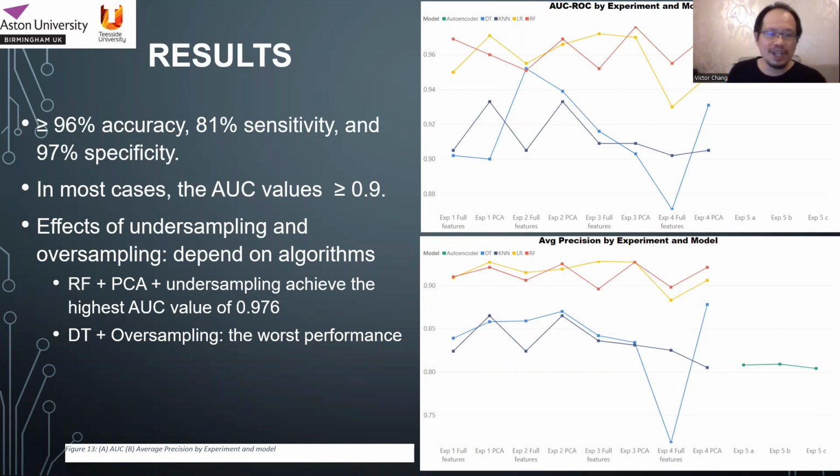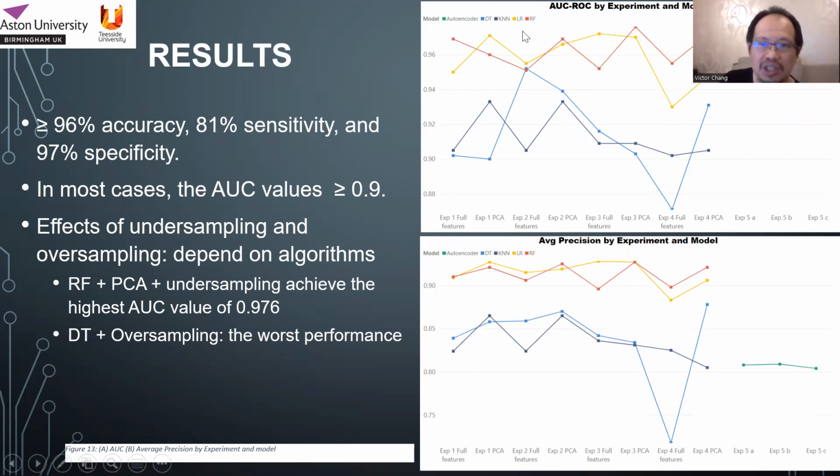We have a value of 0.976, which is considered high. At the same time, with the decision tree and oversampling, the performance is not so good. So we can also make a comparison. We can put all the result analysis together and compare the outcomes, and you can then see how each of the models looks.